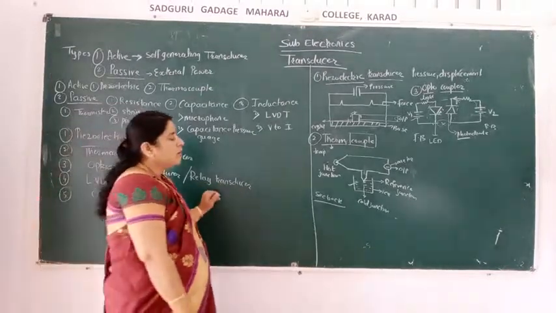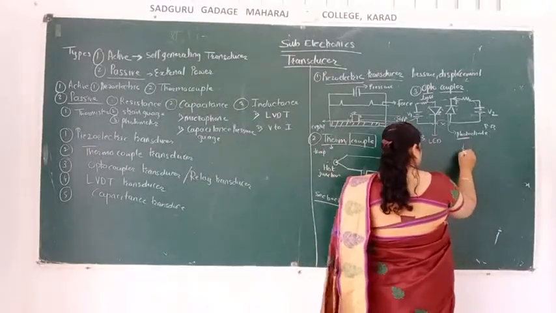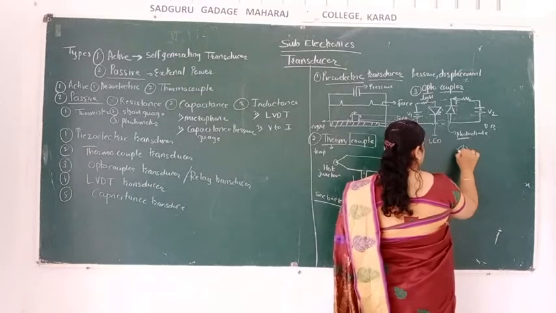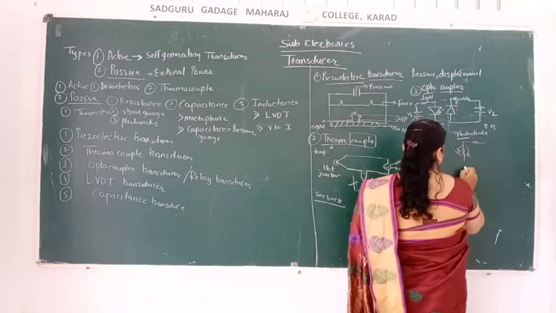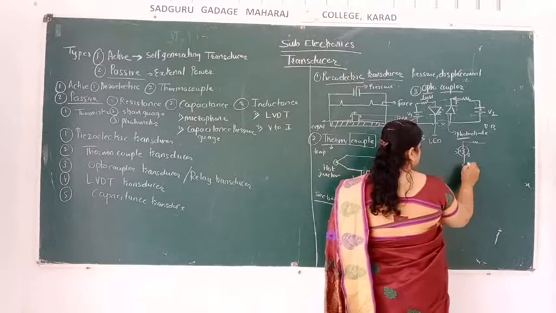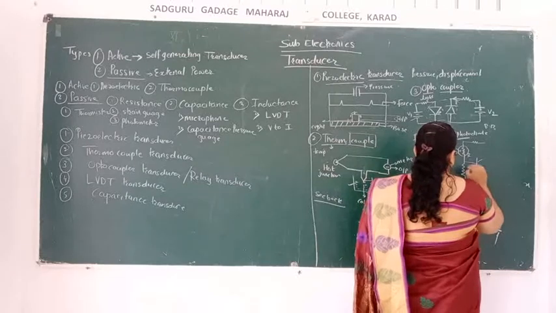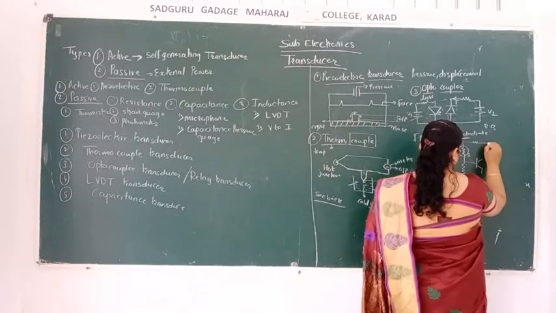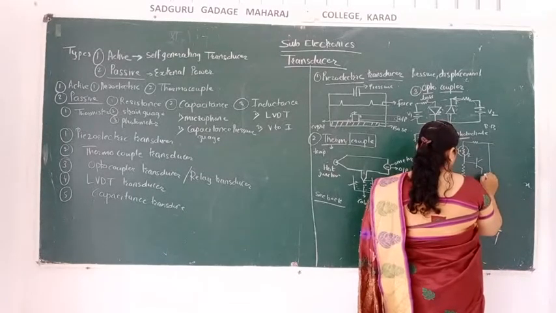That optocoupler is also asked in the relay form. What happens in the relay form? See, one LDR is used, that is the light dependent resistor. Light falls on it. Then one resistor is connected, another resistor is connected, two transistors are used. Then the two transistors are connected like this.